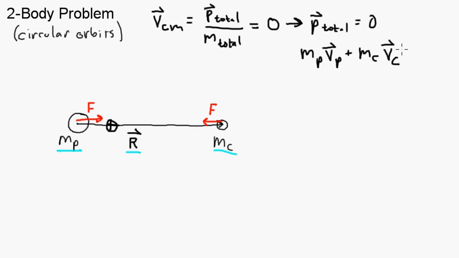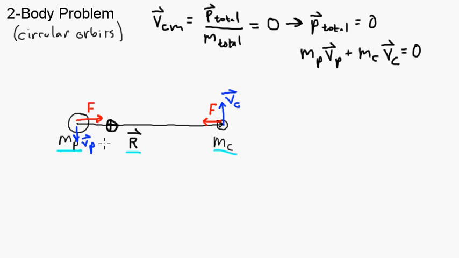That means that if Charon is moving, then this velocity is not 0, which means this term is not 0. And that means this term can't be 0, which means Pluto must be moving. So they're both moving with respect to the center of mass. Charon's got some velocity this way, and Pluto's got some velocity this way.